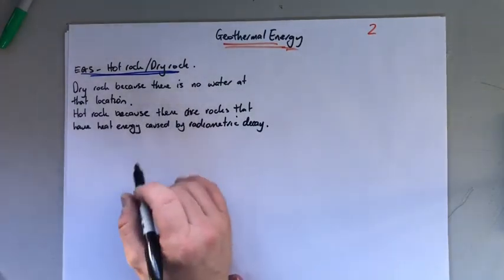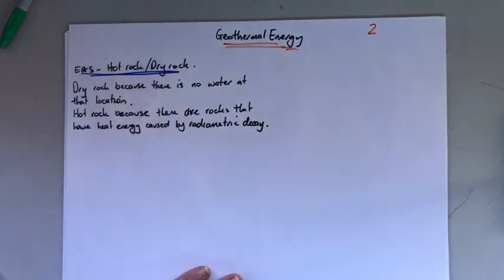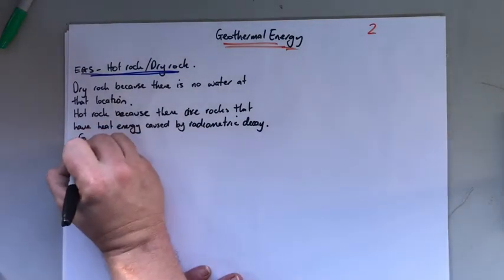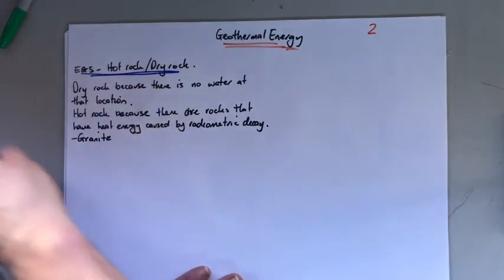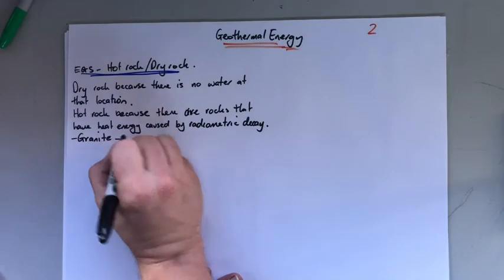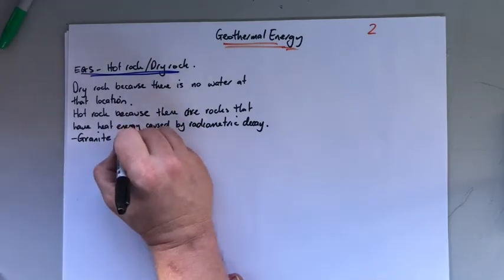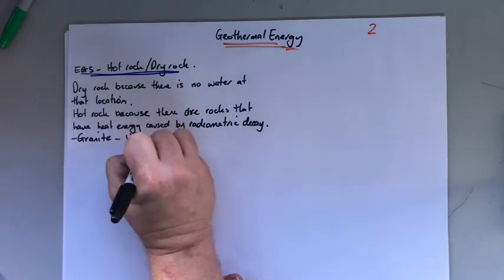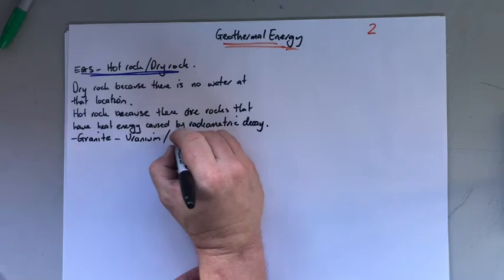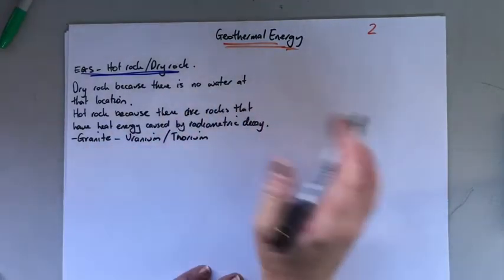So hot rocks are rocks that have heat energy caused by radiometric decay. A good example of this is granite. So granite has uranium and thorium in some small amounts.